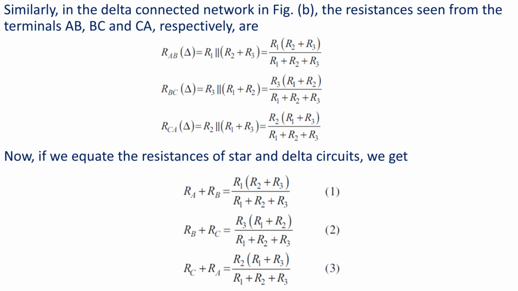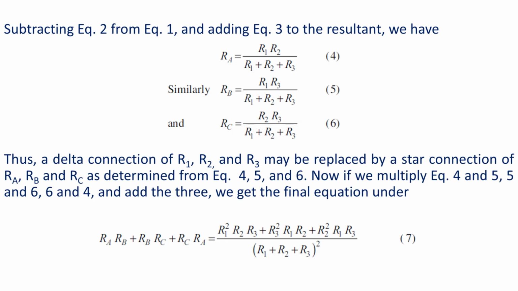We get RA plus RB, RB plus RC and RC plus RA, as shown in equations 1 to 3. Subtracting equation 2 from equation 1 and adding to equation 3, we can find RA equals R1 R2 by R1 plus R2 plus R3.